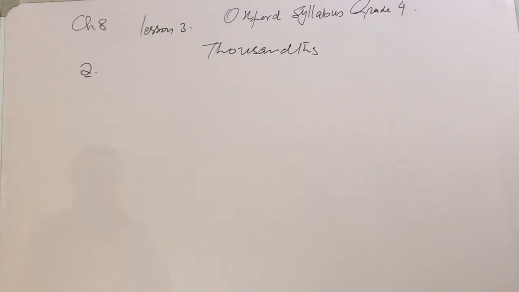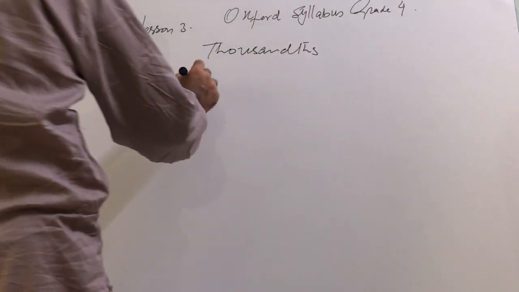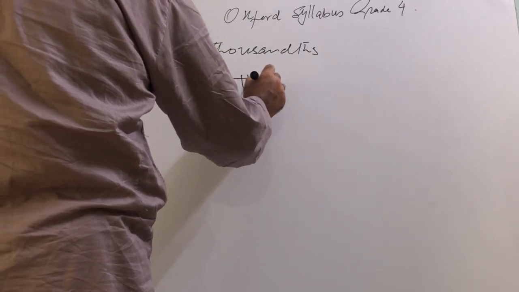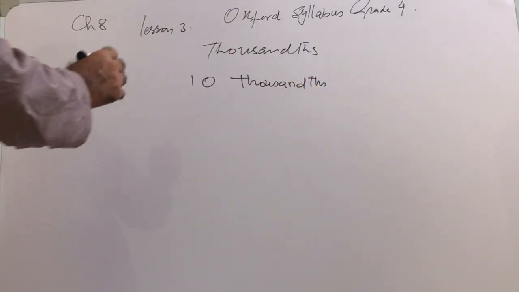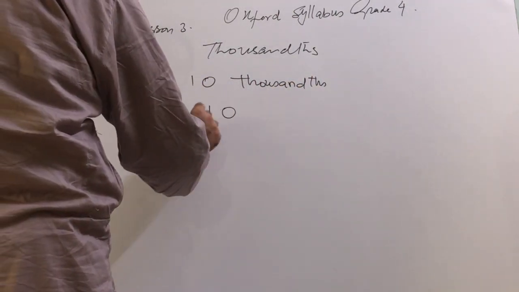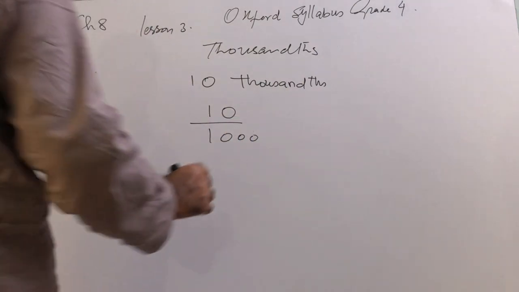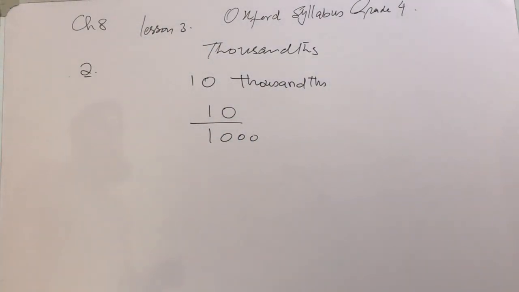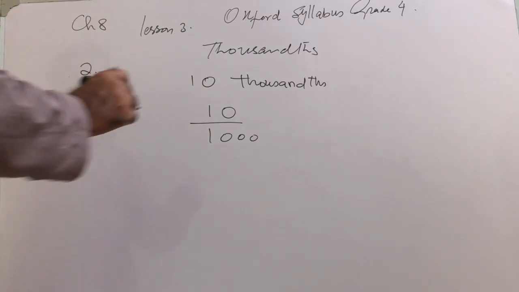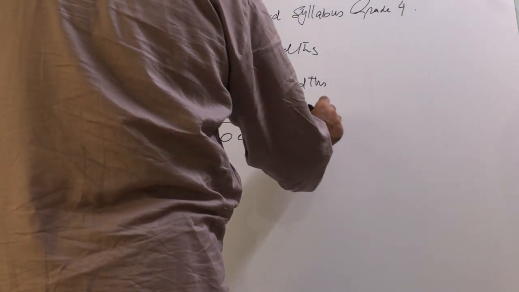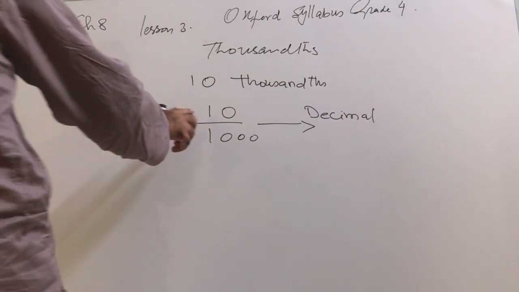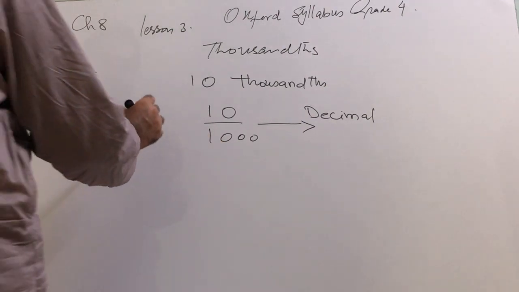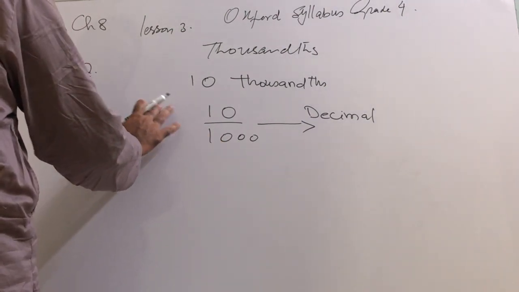Now if we move to point number 2, page number 164, it says express 10 thousandths as a decimal. 10 thousandths means that you are getting 10 parts out of 1000 parts. This is the fractional form of 10 thousandths, so we need to convert it into decimal simply by dividing the numerator by the denominator.